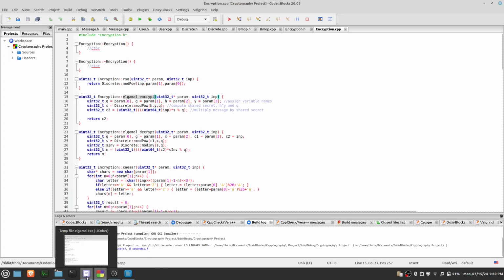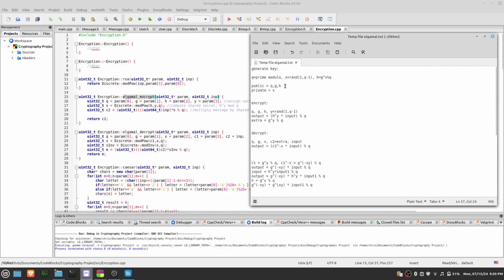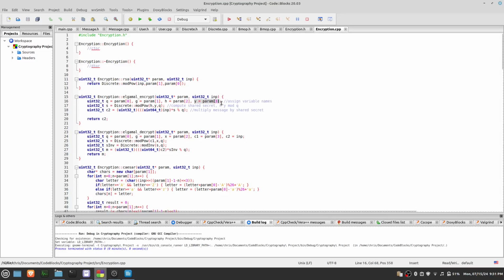ElGamal encryption. So we have to take a look back at this document. We take y, which was a number that was randomly generated when we generated this message. And in actual ElGamal encryption, what you want to do is generate a different y for each block.